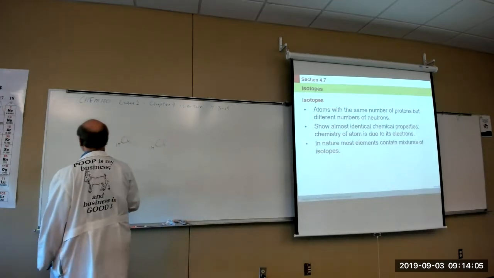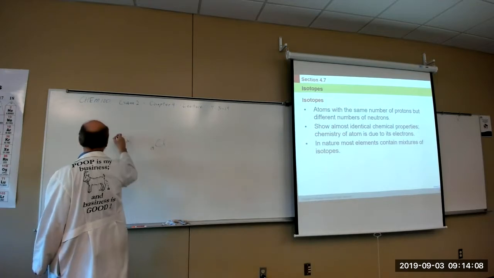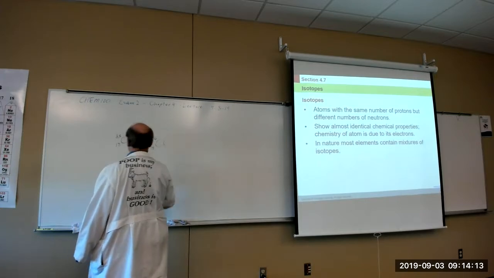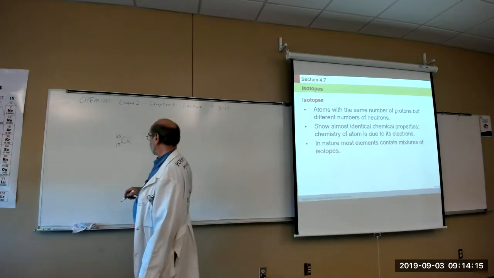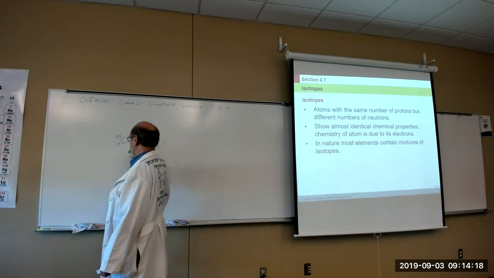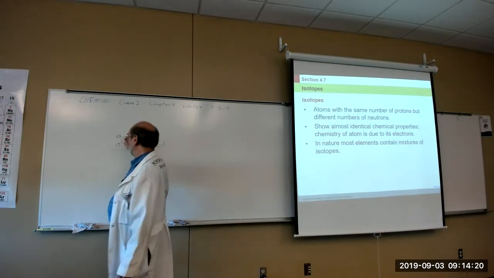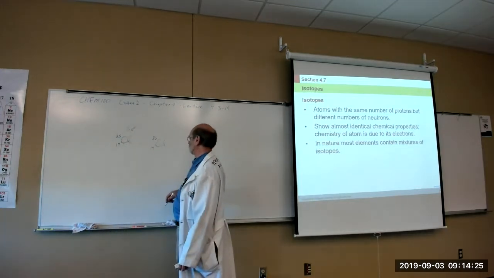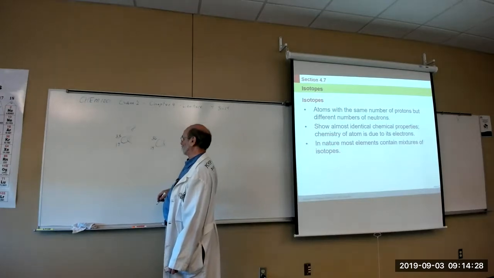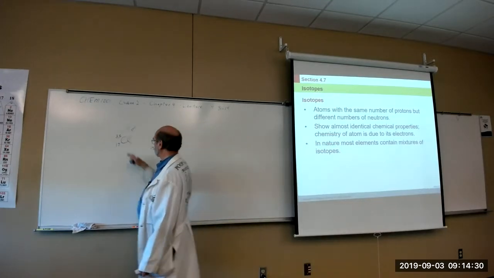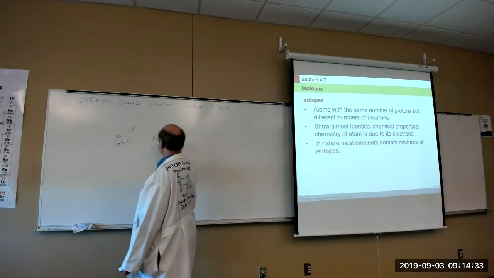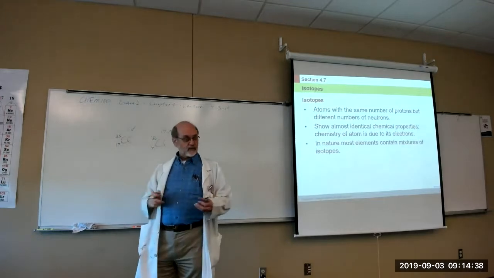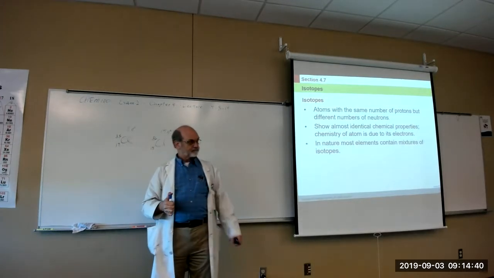Let's say this one has a mass number of 35, and this one has a mass number of 36. So how many neutrons does this one have? 18, right? How many does this one have? Did I do that right? Yeah, 18. This one has 19. Okay, that's the difference between isotopes: the number of neutrons.